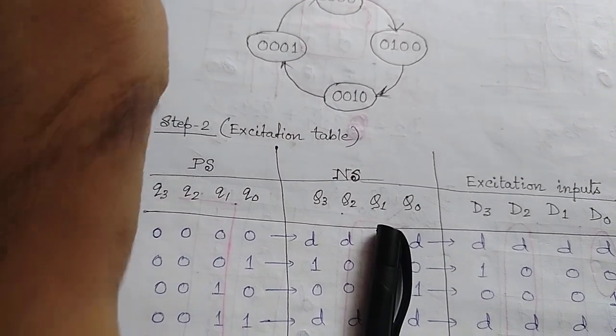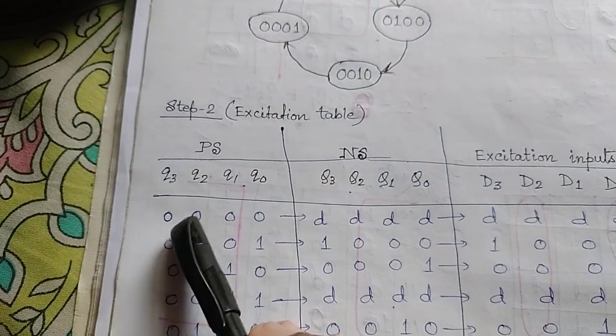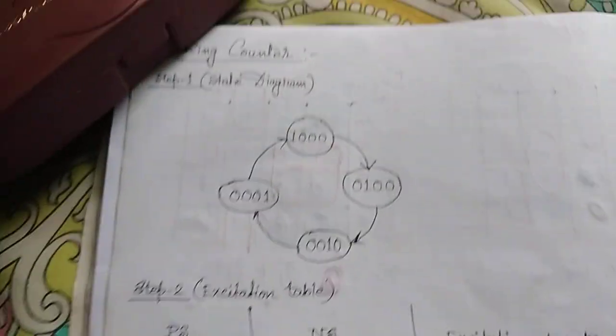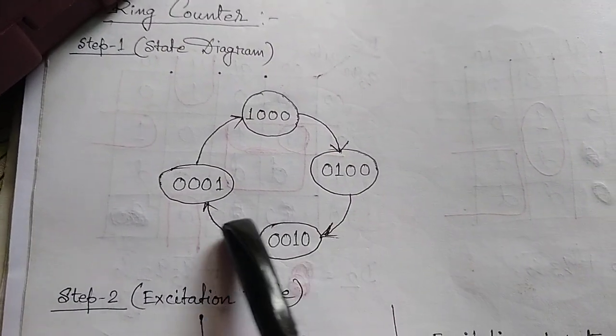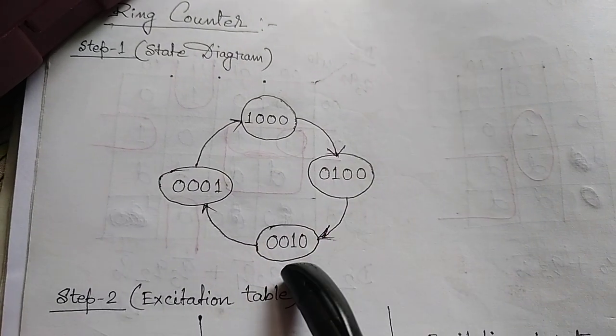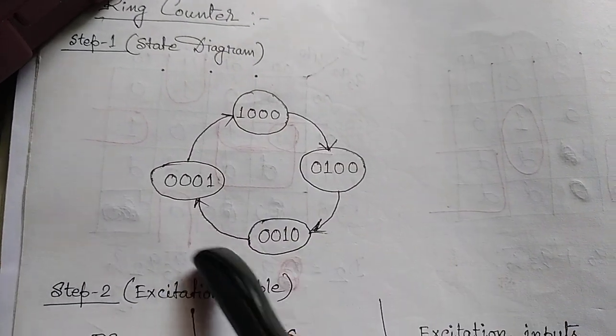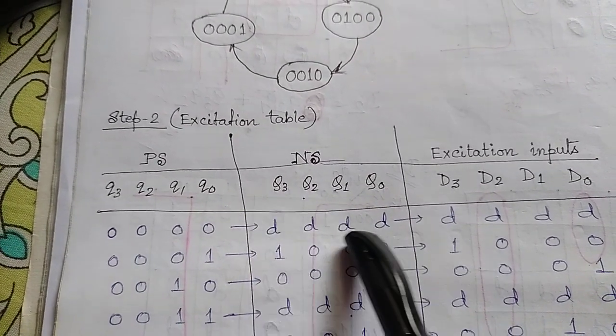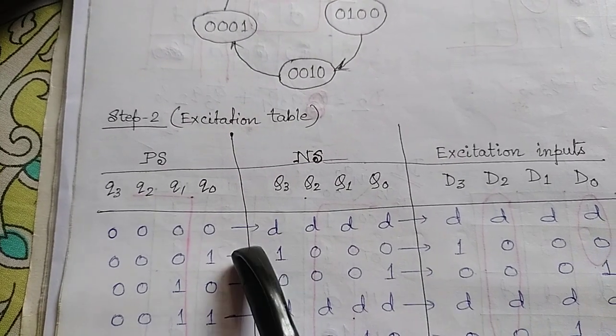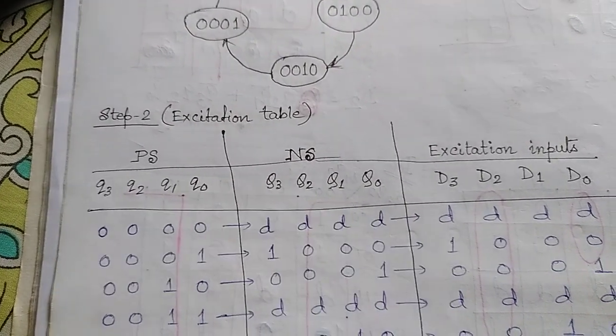What will happen in the next state? Present state is 0000. Now I am going back to the state diagram. There is nothing, all are 0 present. So for 0000, the next state will be don't care. All the next state will be D, that is don't care.